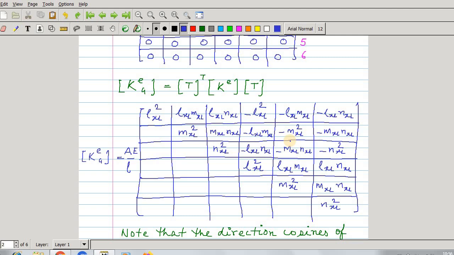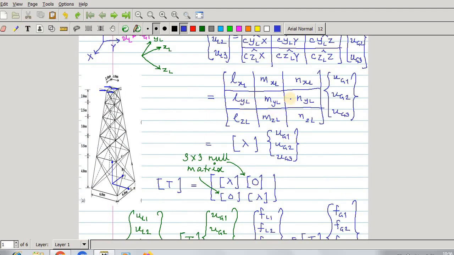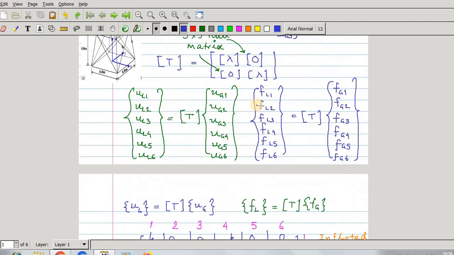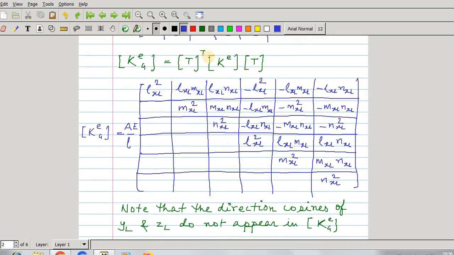But LYL, MYL and NYL, or LZL, MZL and NZL you are not getting. So these values are not of importance. Only these values are of importance. You can take anything for these values, because these are in no way going to affect your global stiffness matrix. So this is one interesting point.